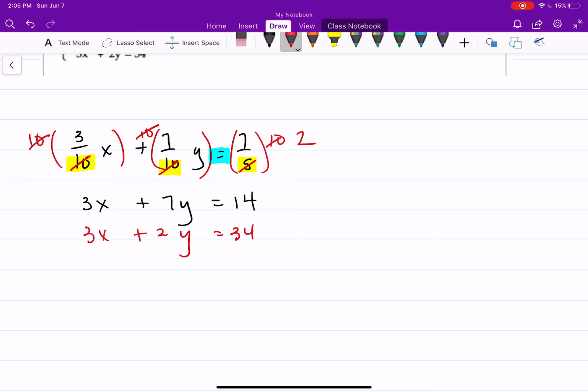With substitution, if I was to solve for x here, that means I have to divide everything by 3 at some point. I'm going to get a fraction here and a fraction here. If I was to solve for this y, I'll have to divide by 7 at some point. Well, this is going to become a fraction. This is not, the 14 would not.